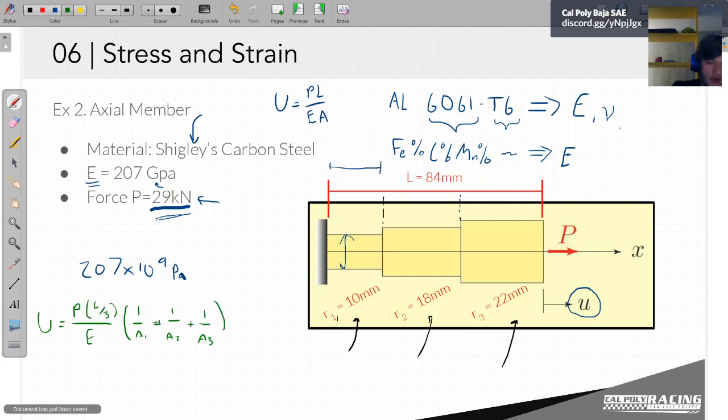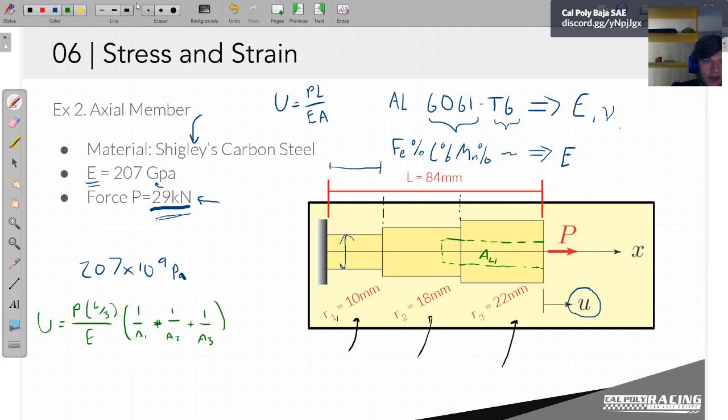Interestingly, this also works the other way around. If you have some missing area here, let's say there's a hole in this, you can just subtract out the area that's missing. So let's say this is A4, right?